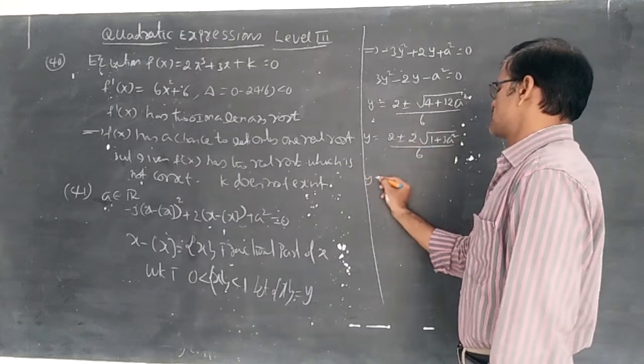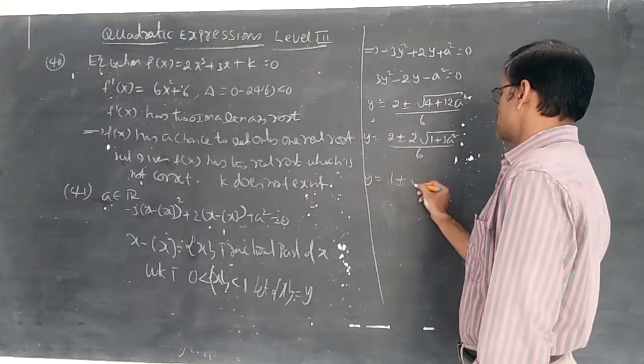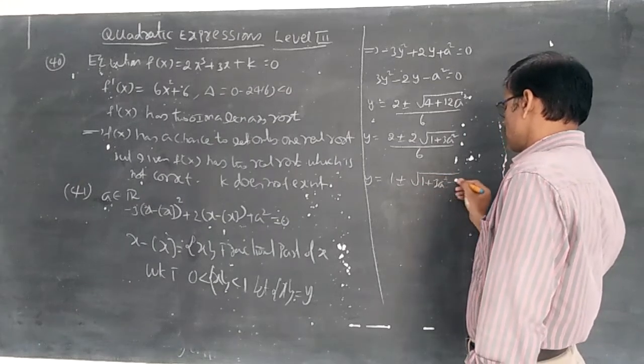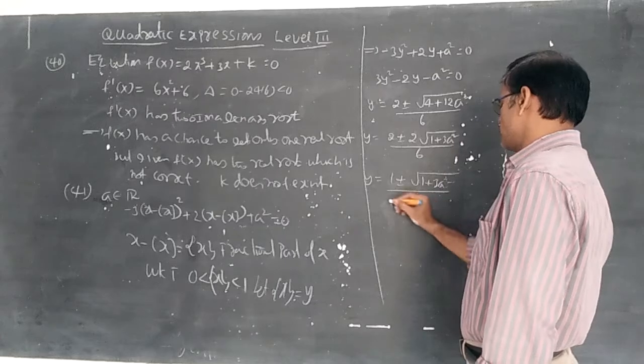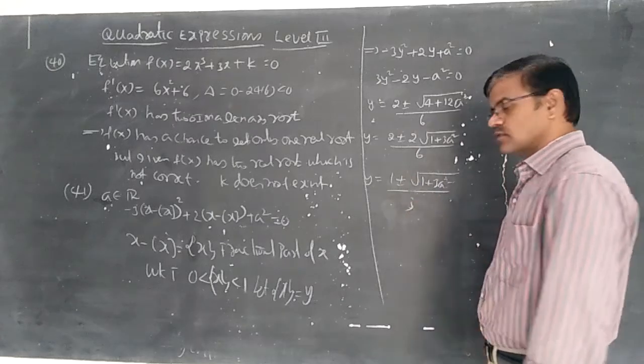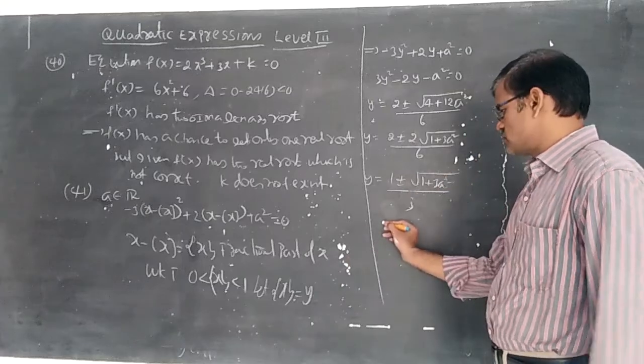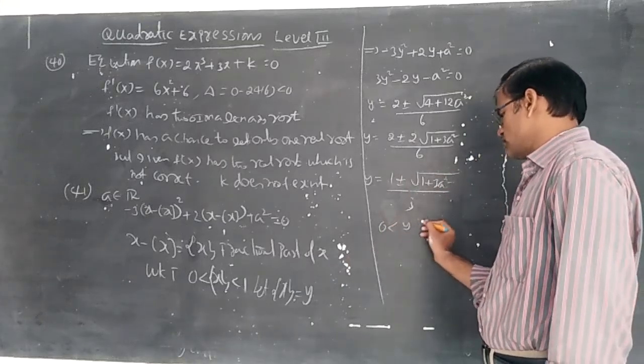So y is equal to 1 plus or minus root of 1 plus 3a square, whole by 3. We can understand that for a fractional part, 0 less than y less than 1.